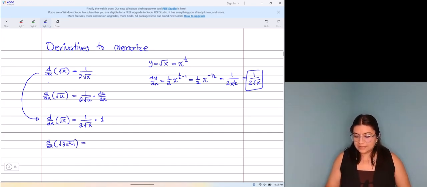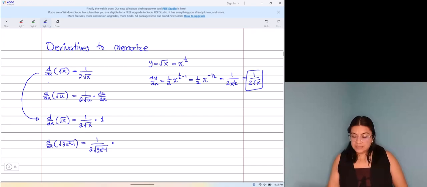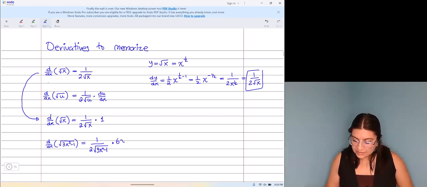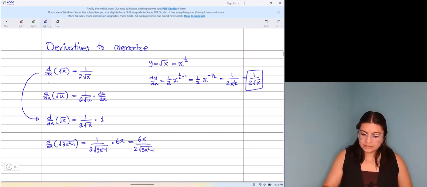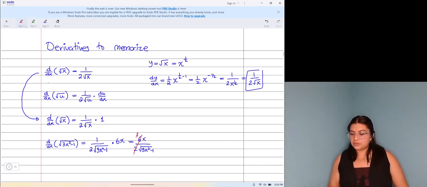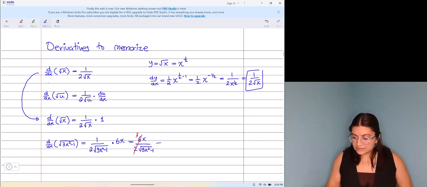Then that is 1 over 2 the square root of 3x squared minus 1 times the derivative of the inside, which is 6x. And that simplifies to 6x over 2 the square root of 3x squared minus 1. The 6 and the 2 reduce to a 3 on top. So that is 3x over the square root of 3x squared minus 1.